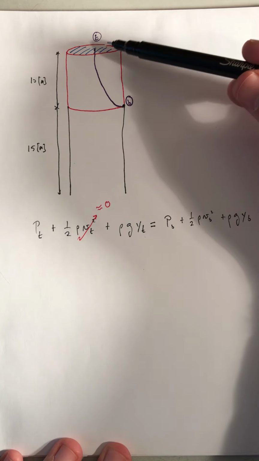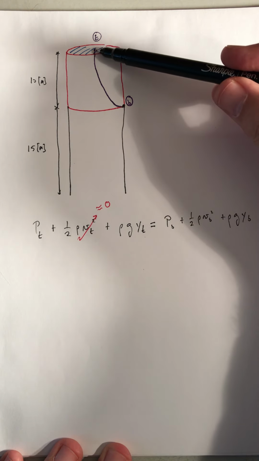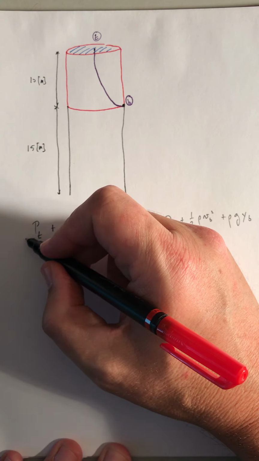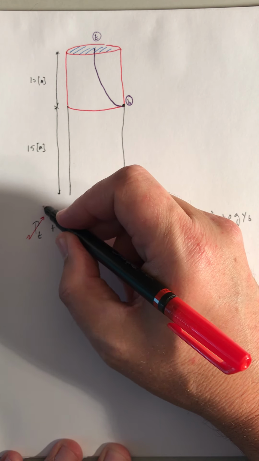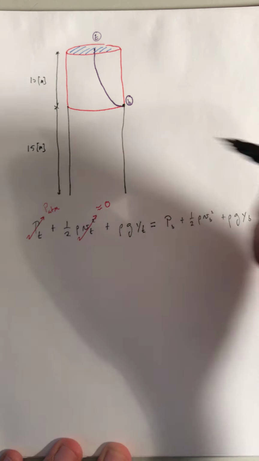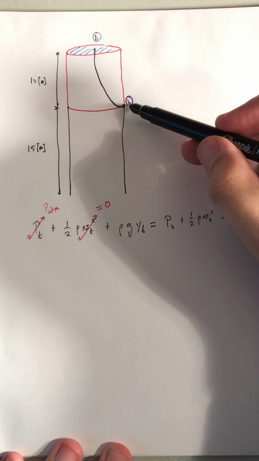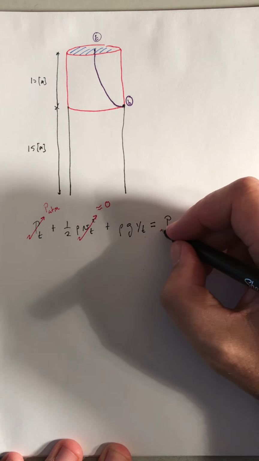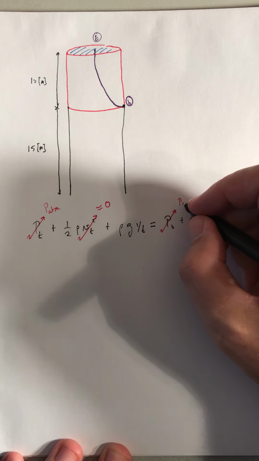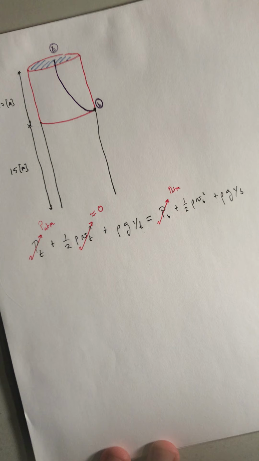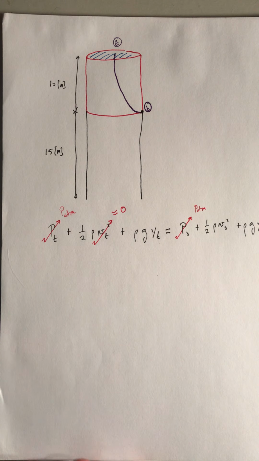What is the pressure going to be at the top? That is the atmospheric pressure. And also, just right outside the hole, that's also atmospheric pressure. So the pressure difference is not going to have any influence on the flow.